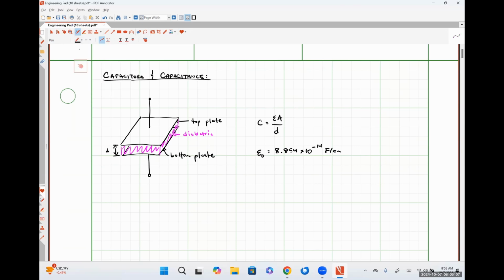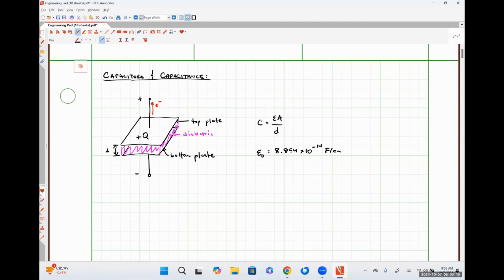So let's talk about what's going on in this system. So if I were to apply a positive polarity of some voltage at the top plate and a negative polarity at some bottom plate, what do you guys think would happen? So I think electrons are going to get drawn off the top plate, leaving behind some charge, positive Q, on the top plate.